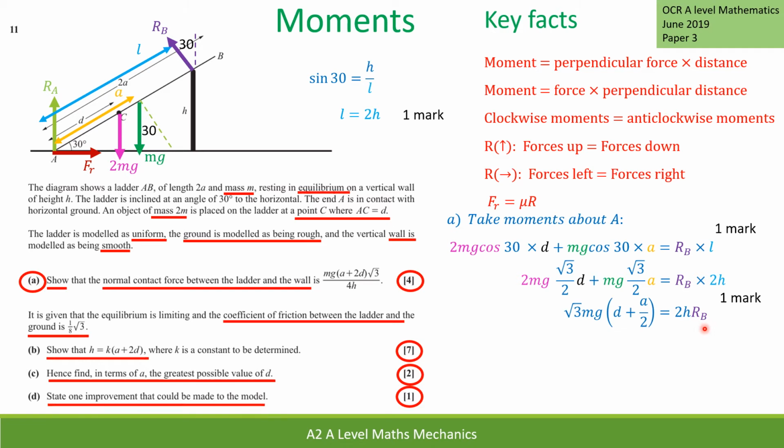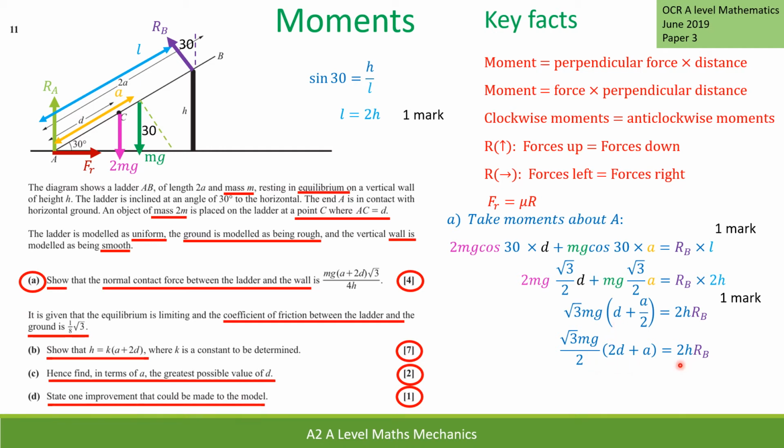Now I need to rearrange this to get RB, so I just need to divide both sides by 2h. But if you look here, I've got a 4h in the denominator, so I actually need to take another factor of a half out the front here. Remember, when you take the factor of a half out, this d term becomes 2d, because 2d times a half gives me the 1d.